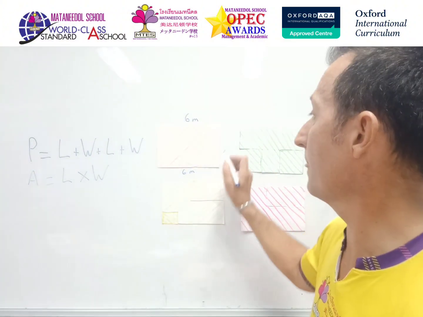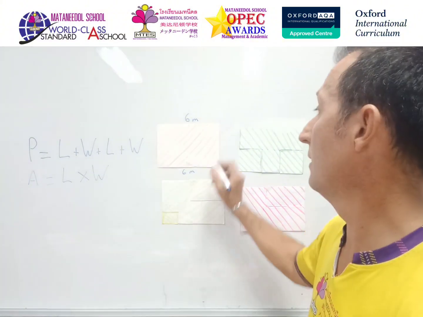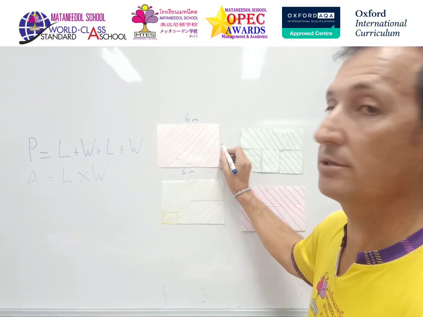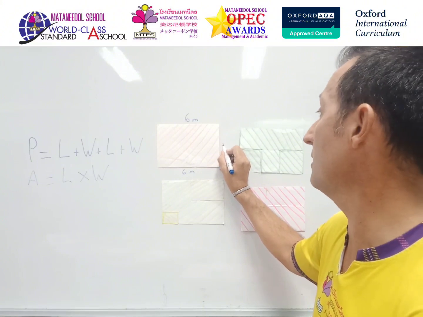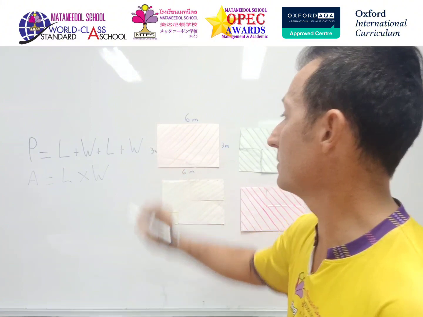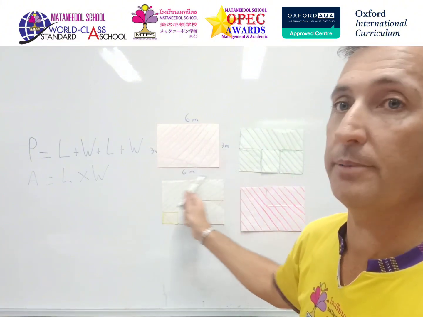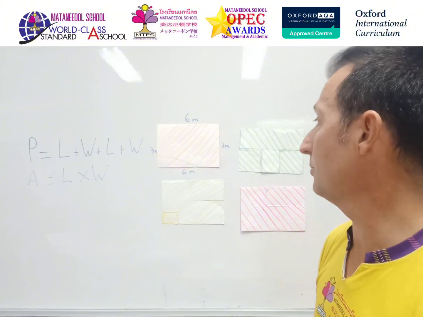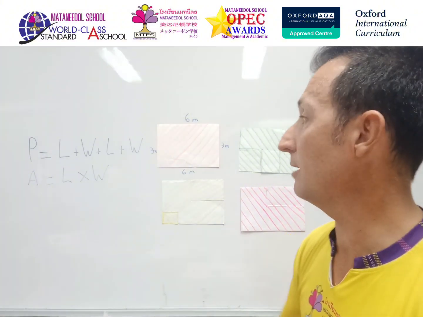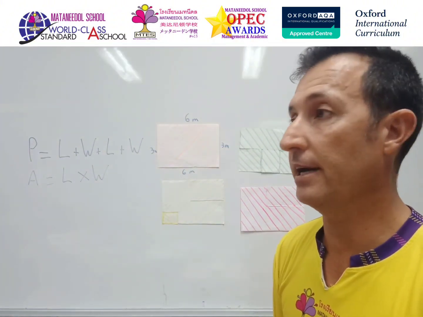The other two are my shortest, my width, and let's say they are 3 meters. So now I've got my length and my width. 6 plus 3 plus 6 plus 3 would be 18. So for this rectangle I have a perimeter of 18.